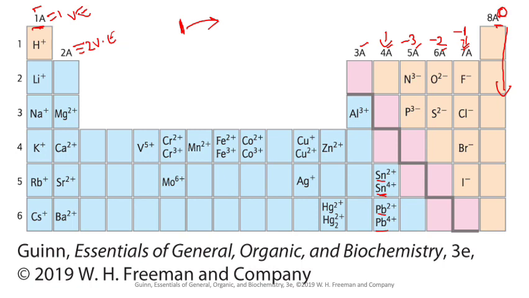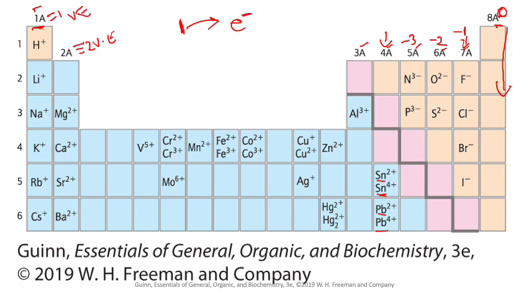So the time the group 1 element donates the electron, what does it mean? Now that element has more protons compared to electrons, because one of the electrons is already gone. They already donated it. So that means they have an imbalance now between protons and electrons, right? What's the imbalance number? Just 1. So you have 1 extra positive charge. So that means group 1 elements always have a +1 charge.